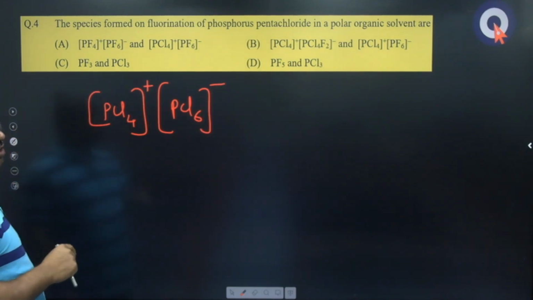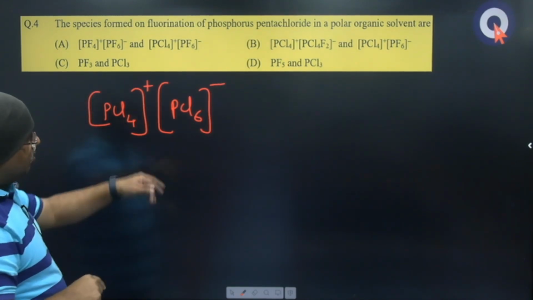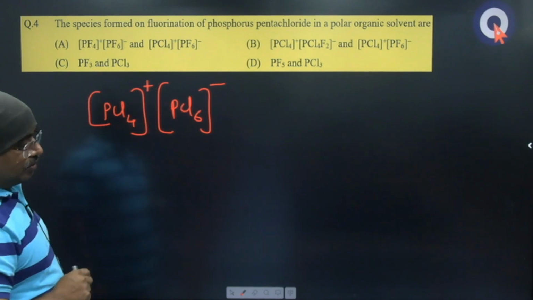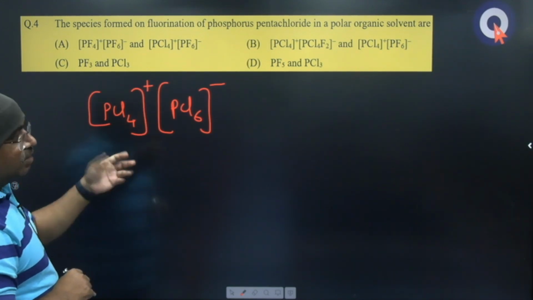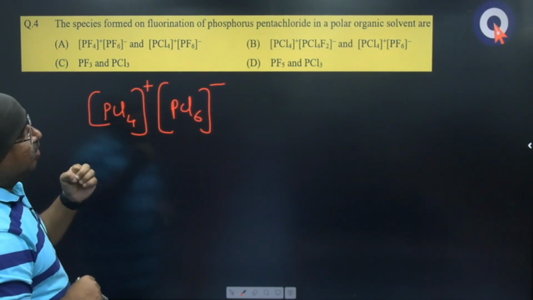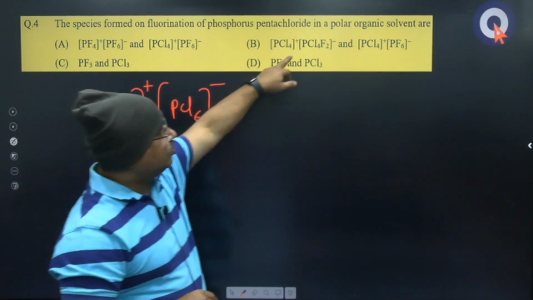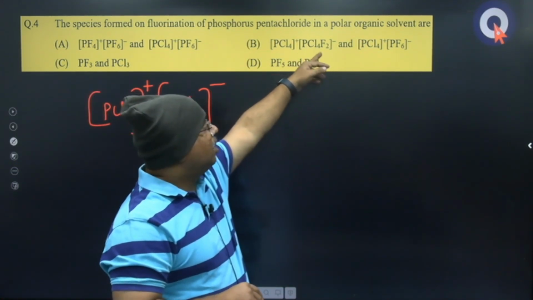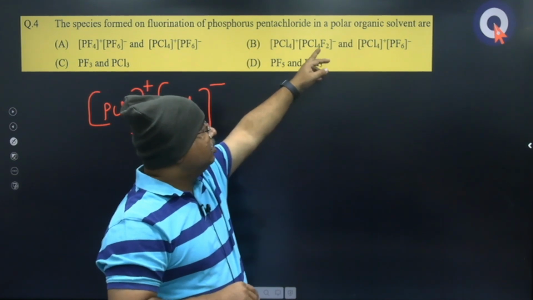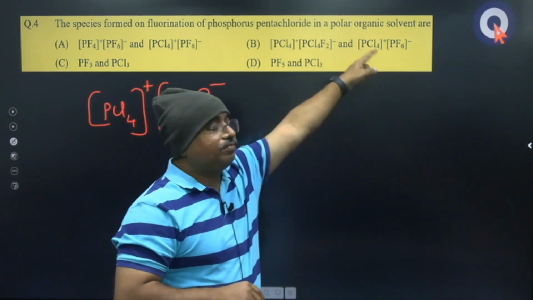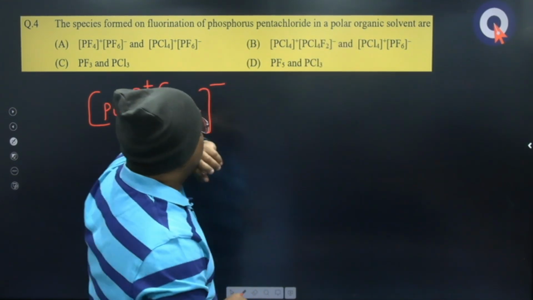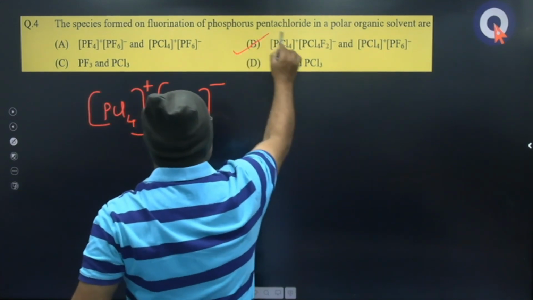So the fluorination mainly takes place in the octahedral complexes and it forms isomers. Where you see the octahedral complex replaced, you will see isomers exist. So this can show isomerism.